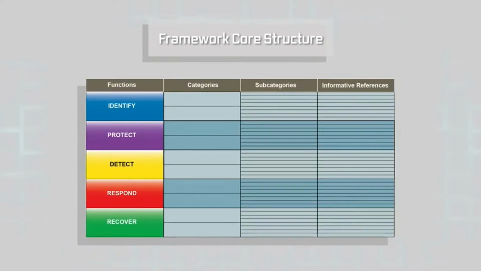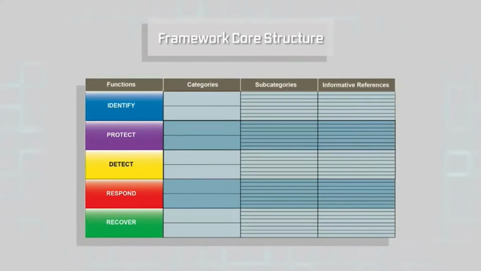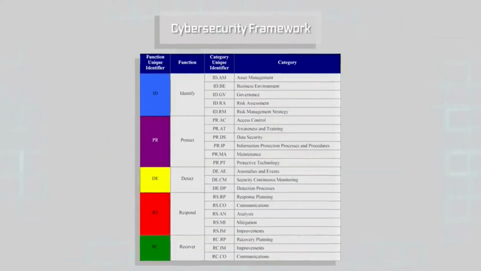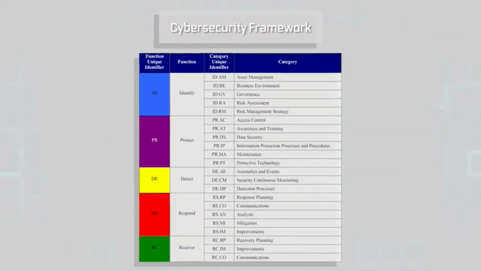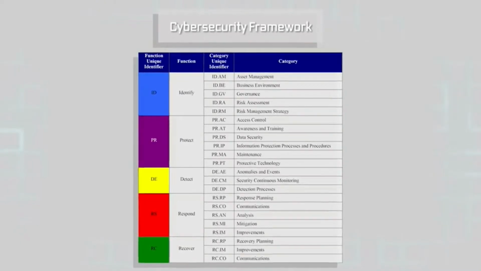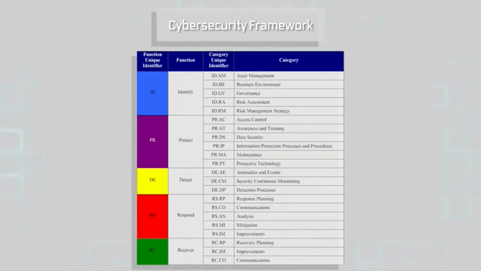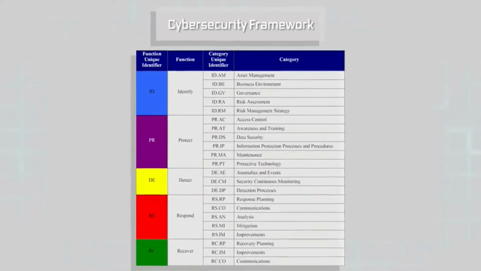You need to detect if they've been violated or intruded upon. Then you need to be able to respond to that intrusion. And finally, you need to be able to recover the system. Detailed activities in each of those 5 functional areas are described in this graphic. But this is basically how you manage cybersecurity operationally in an organization.